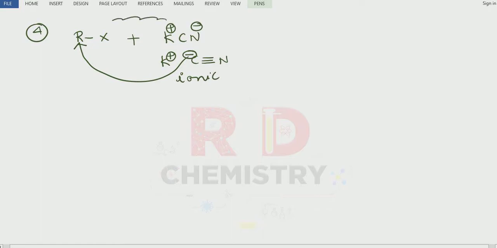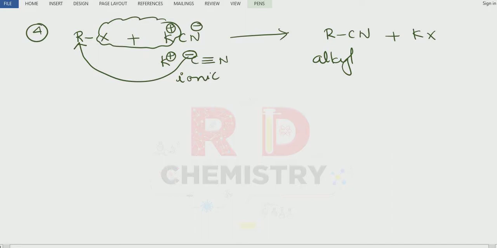So side product is a potassium halide, and organic molecule is RCN, correct? RCN. So R is an alkyl, CN is a cyanide. Alkyl cyanide we are going to get. Alkyl cyanides are also called as the nitrile compound. Cyanide is the common name and nitrile is the IUPAC name.